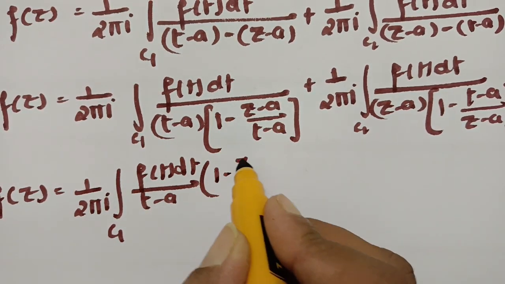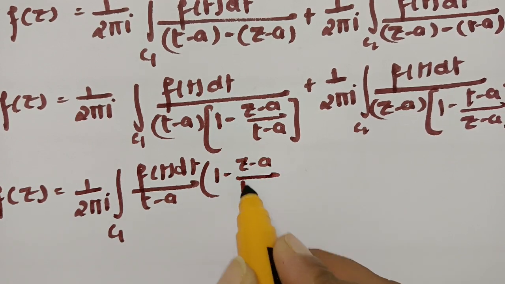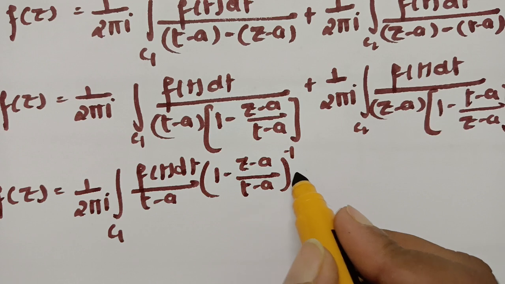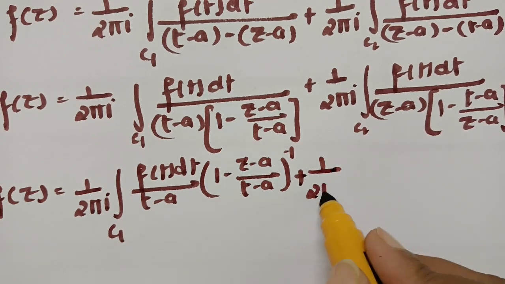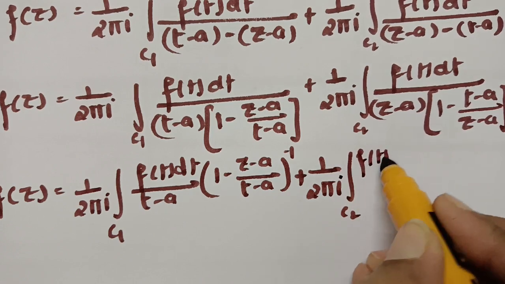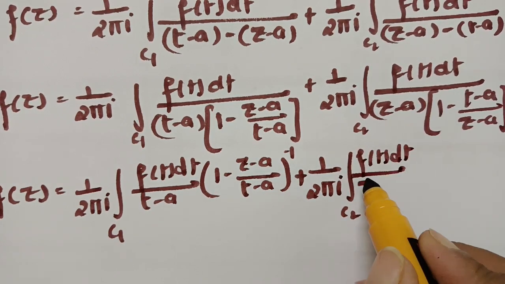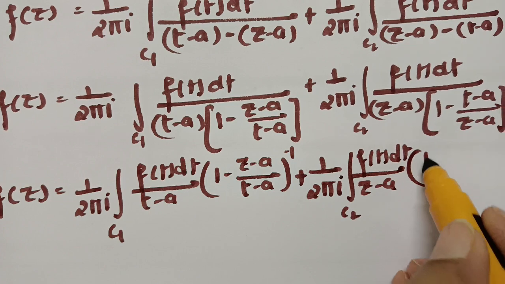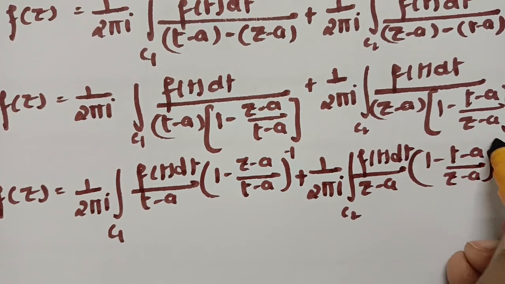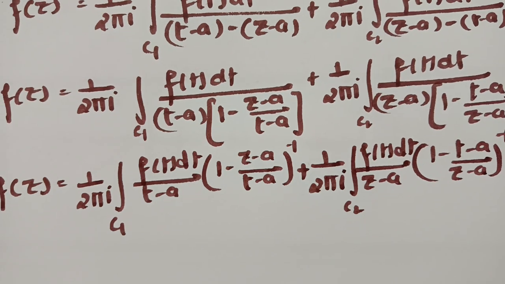This will be 1 minus z minus a by t minus a, whole inverse. Clear? And the next one here is 1 by 2 pi i integral c2, f of t dt by z minus a into 1 minus t minus a by z minus a, whole inverse.